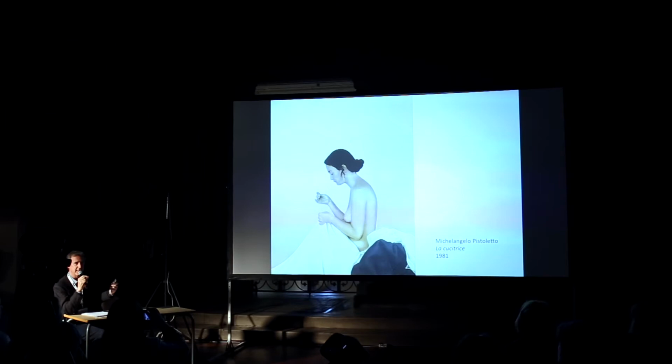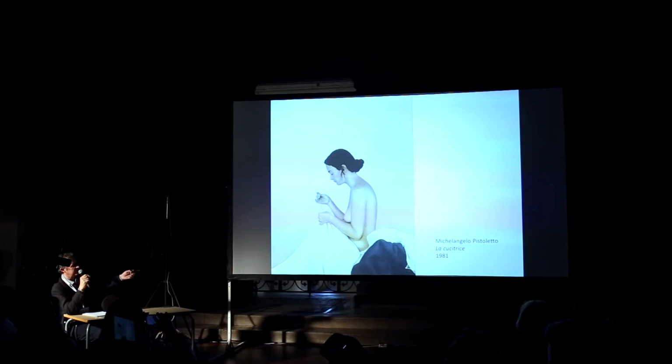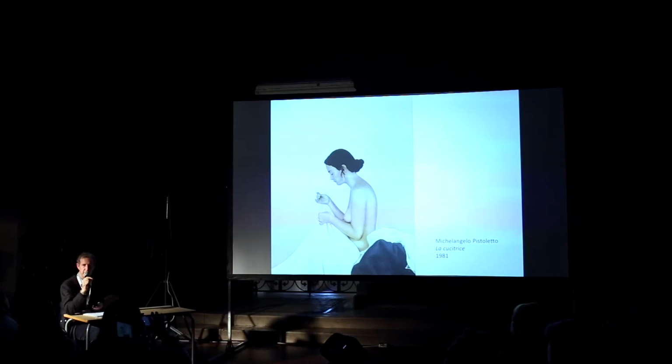That was immediately taken off from another master of Arte Povera movement, which is Michelangelo Pistoletto, that from the beginning of the 60s started to do his very famous mirror paintings.